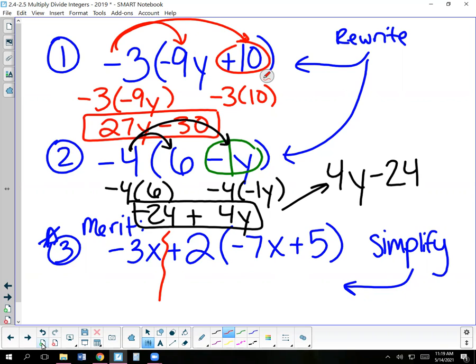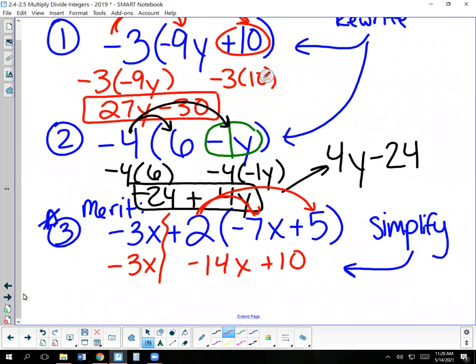You get rid of the parentheses first, right? So this is a positive 2. Now, sometimes this might be a negative, you gotta pay attention to that, that does make a difference. You give the 2 to this, so that's negative 14x. Give this 2 to the 5, so that's 10. And then here's now my new problem. I have a negative 3x. Well, I like to rewrite it.